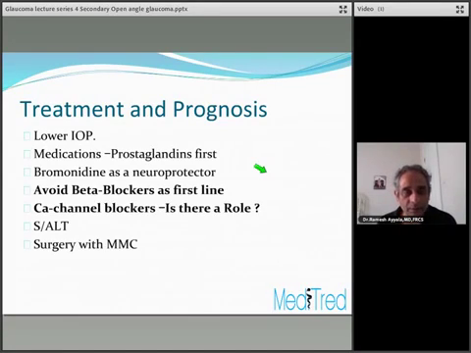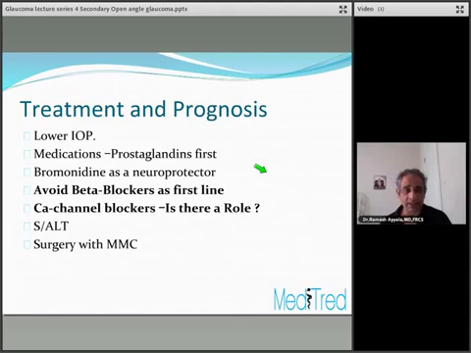Medications, so what do we start these patients on? Prostaglandin analogs appear to be the first line of choice both by myself and most authorities in this field. There is a paper that came out several years ago suggesting brimonidine to be a neuroprotector.